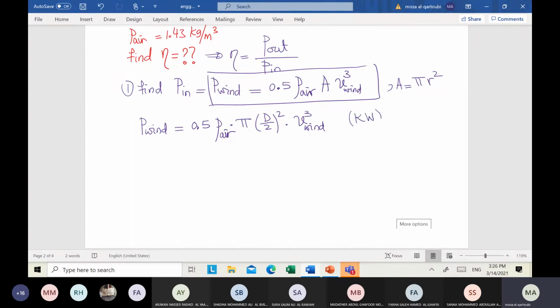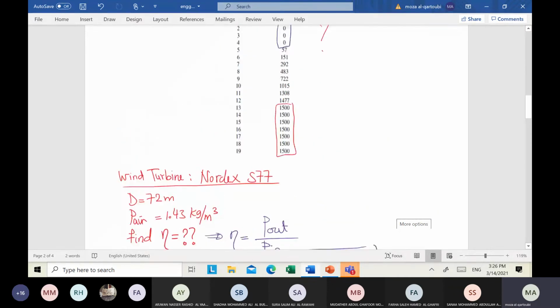Why? Because the output power in the table is given in kilowatt. We need to divide the output power by the input power, so they should be in the same unit. So the input power of wind should be in kilowatt. How many values do we need to find? Depending on the table, 19 values.